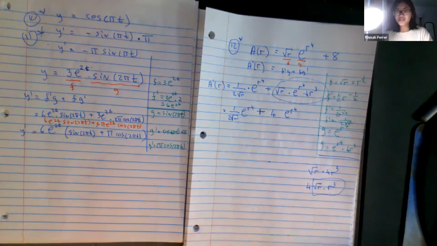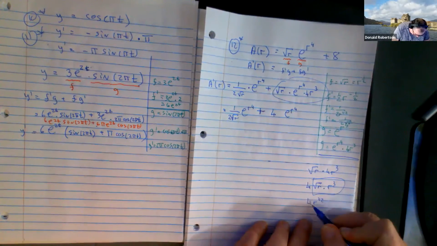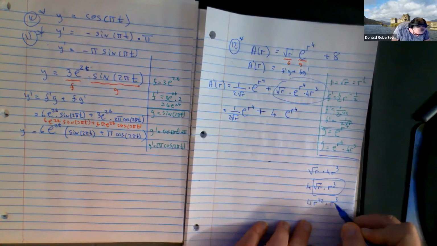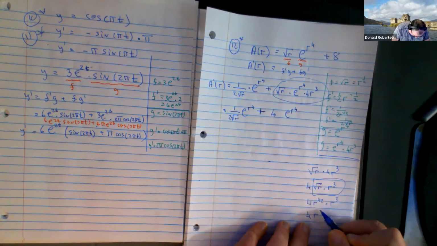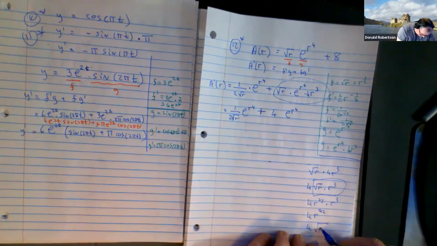You add the exponents together. Okay, so I'll call it r to the half, r cubed. That gets me, what, 3.5, which we call 7 halves, which I can now convert into that.